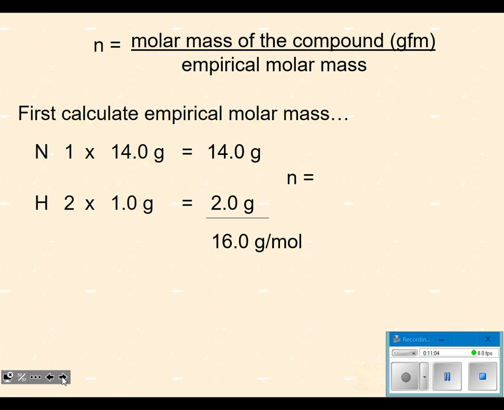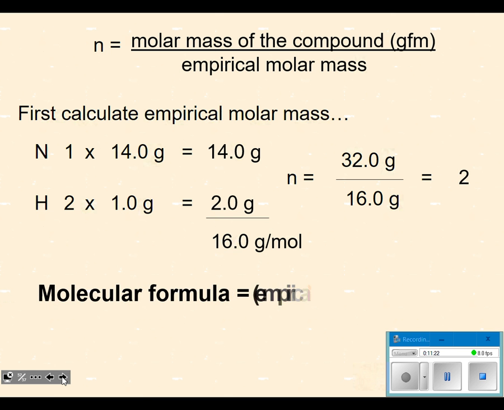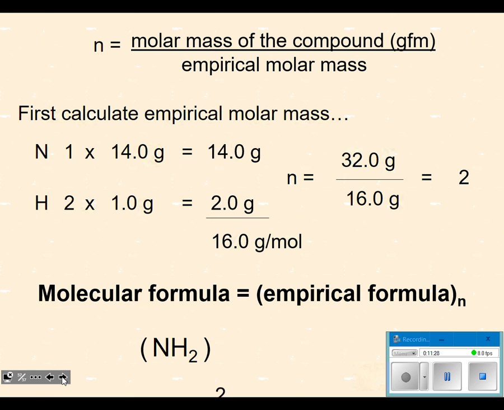So then I'm going to do my molecular mass, which was given to me in the question just a minute ago of 32 grams, divided by my 16 grams, which will give me a ratio of 2. So I'll need to take my NH2, which was my empirical formula, and multiply it by that ratio of 2 that I just found. So that would make this into N2H4.